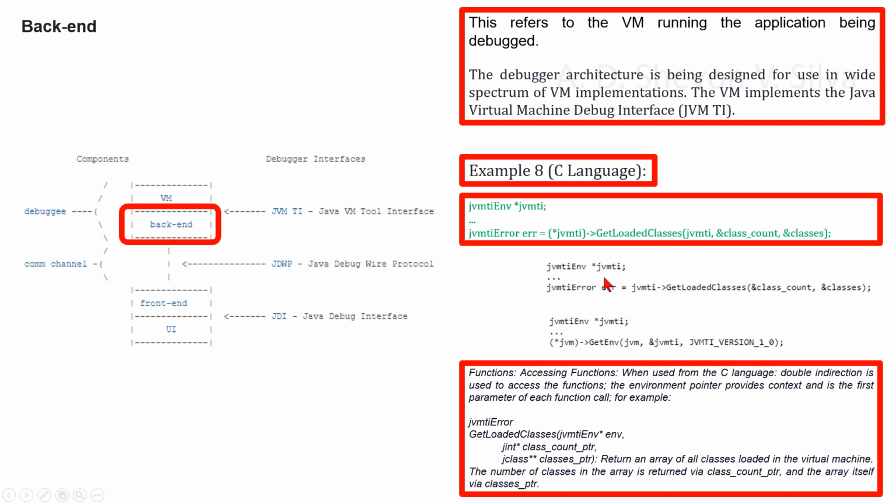The environment pointer is not passed to the function call, for example, here. Unless otherwise stated, all examples and declarations in this specification use the C language.